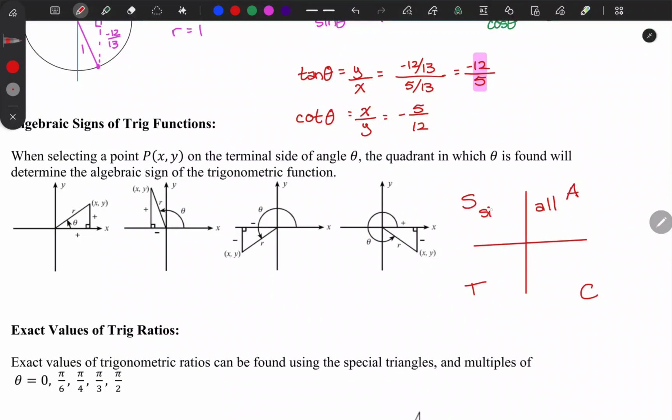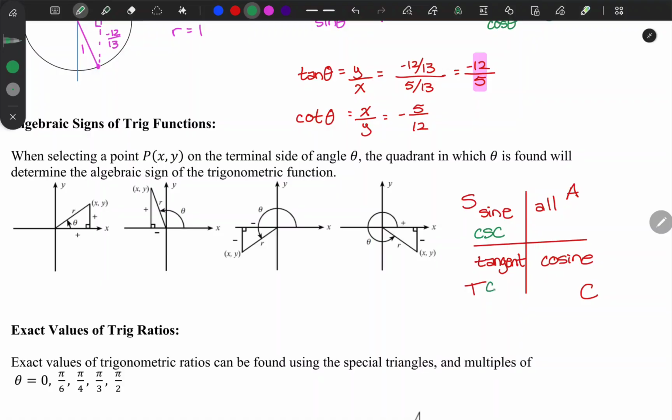We know that sine is positive in quadrant 2. Tangent, I'm not going to be able to fit it in, we'll squish. And cosine. Now, if we need to know signs for our reciprocal ratios, keep in mind that when you take a reciprocal, you're not actually changing whether it's positive or negative. So if sine is positive in quadrant 2, so is cosecant.